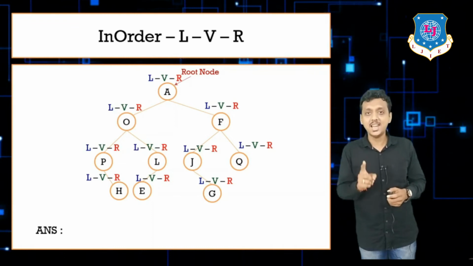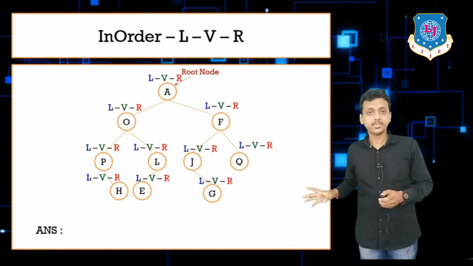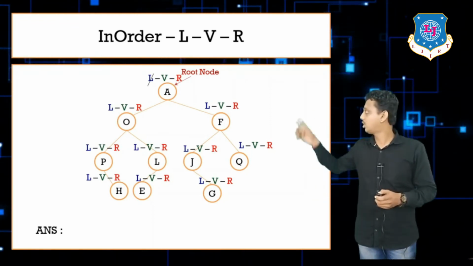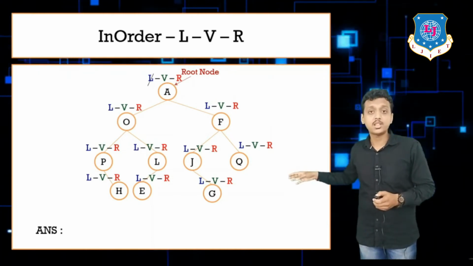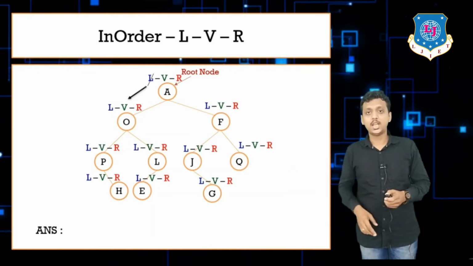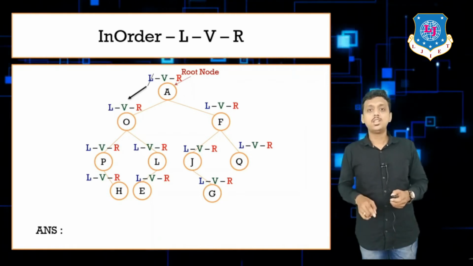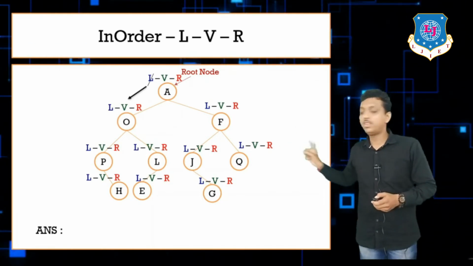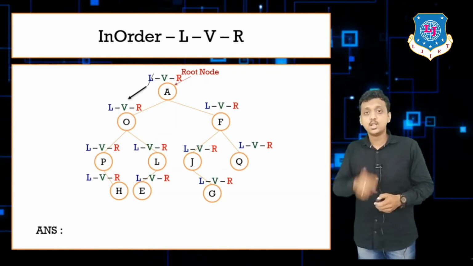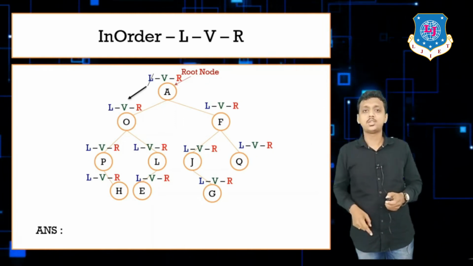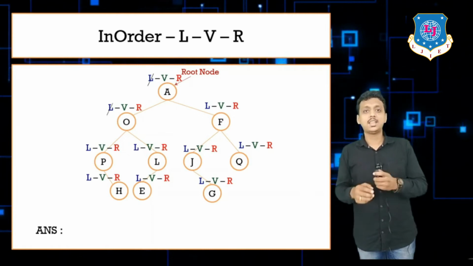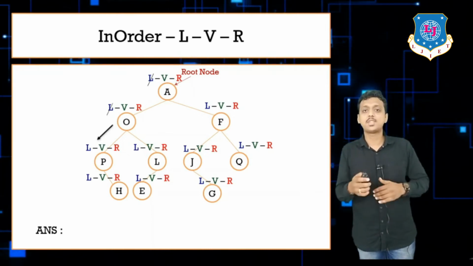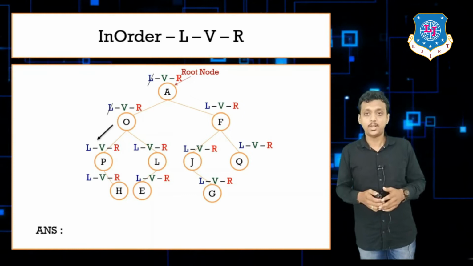First is L, so cut on the L and move forward to the next node, that is O. Now on O, what you are reading is LVR again. First you do left, so cut on the left and then move ahead on the left subchild.